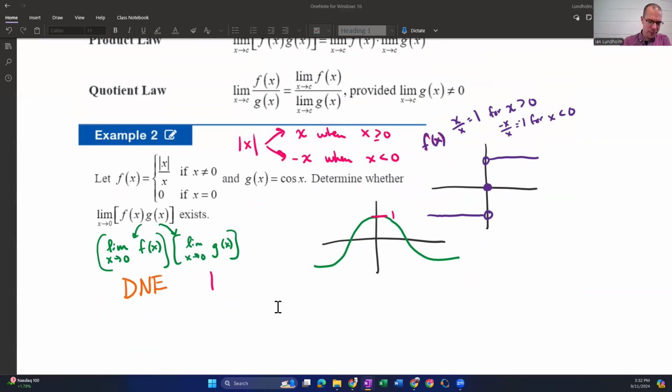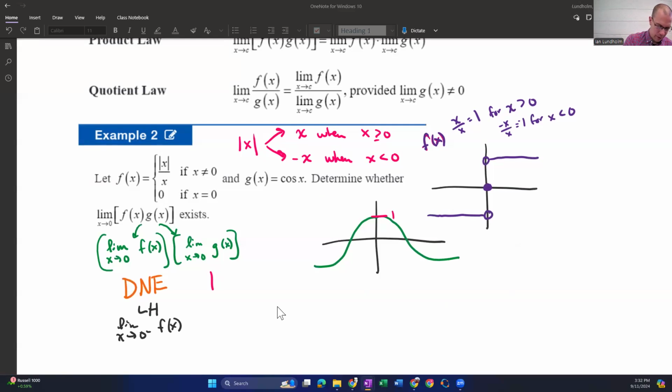Yeah, I suppose for completeness, real quick, I'll just write that. If we split it into left-hand and right-hand limits, the left-hand limit would look like the limit as x approaches 0 from the left of f of x.